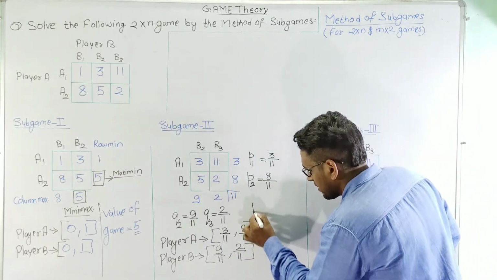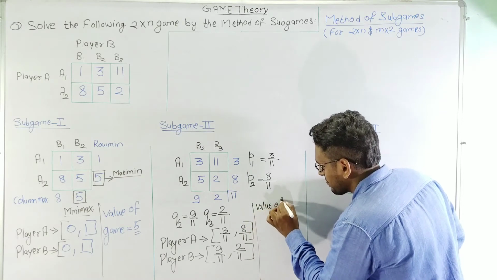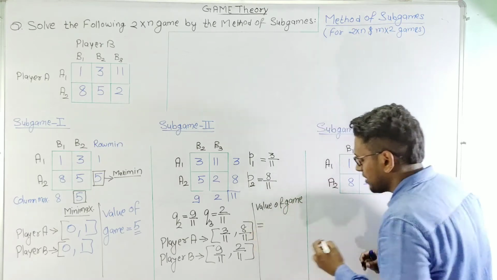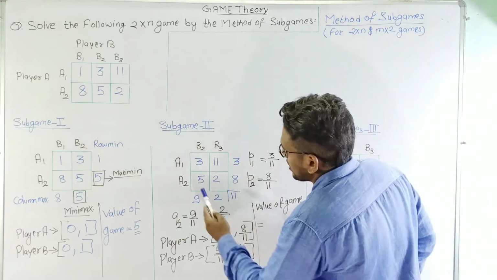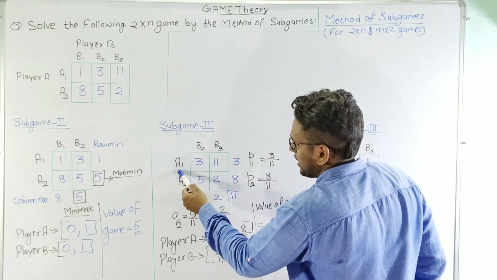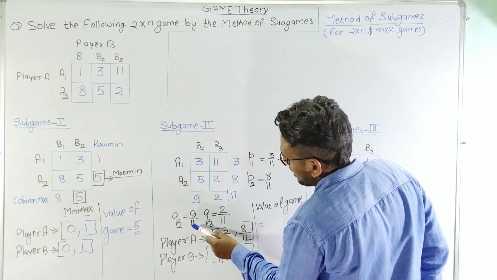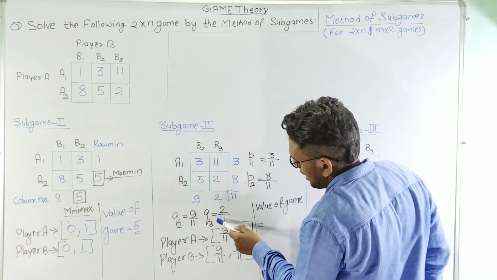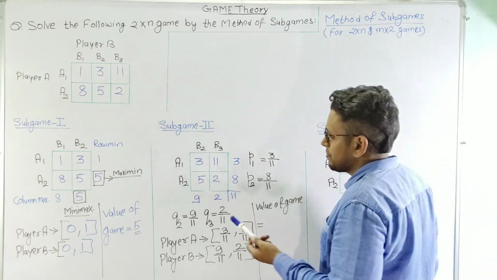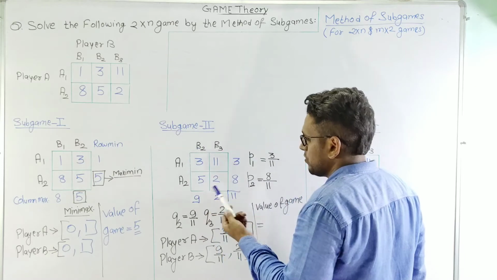So we can see that value of game can be given as, let us say we take any row, suppose we will take A1. So 3 multiplied by 9 by 11 plus 11 multiplied by 2 by 11 will give us the value of game. Similarly, we can do with row 2 also, column 1 also, column 2 also.